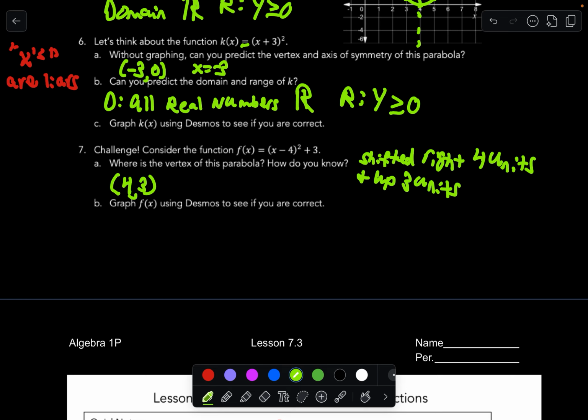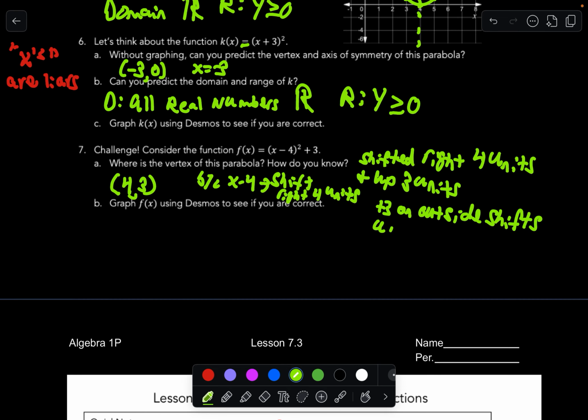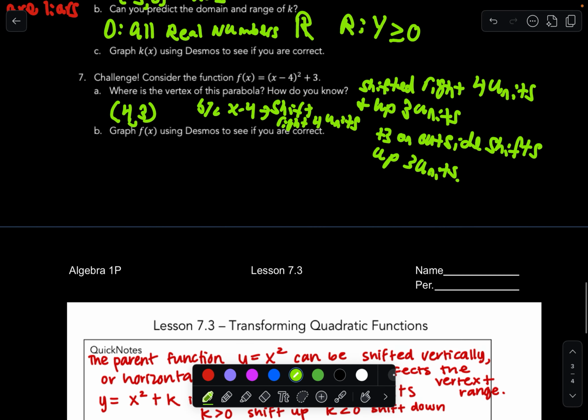How do you know? Because x minus 4 gives us a shift right 4 units, and the plus 3 on the outside shifts us up 3 units. And they want us to graph this using Desmos.